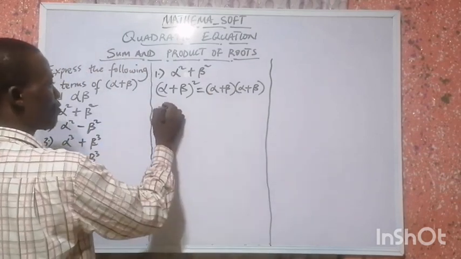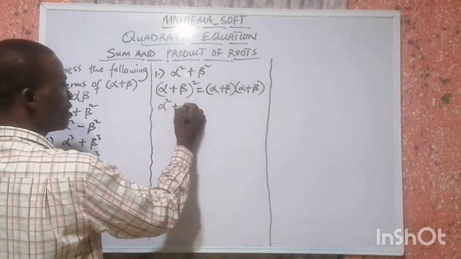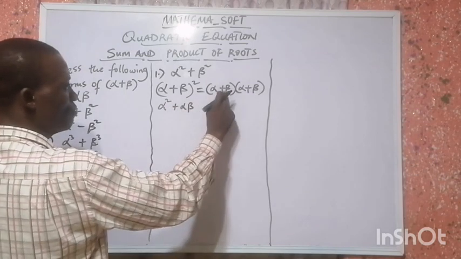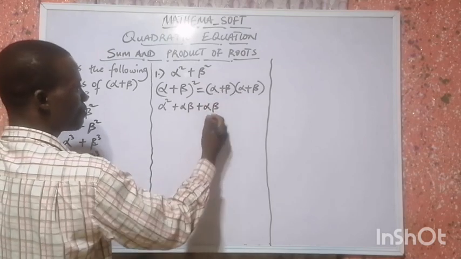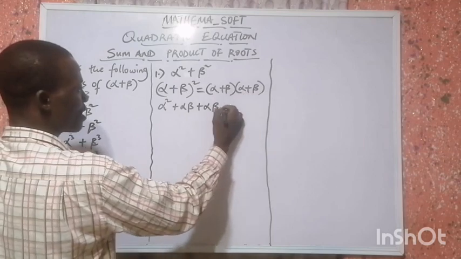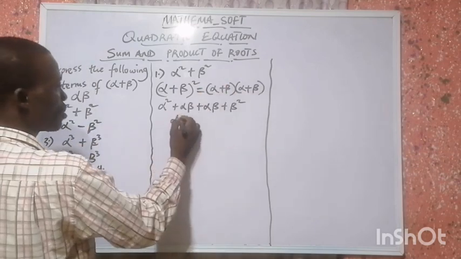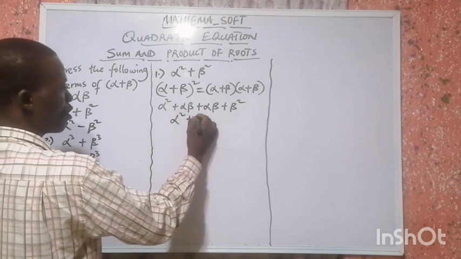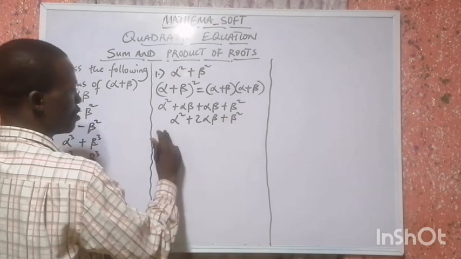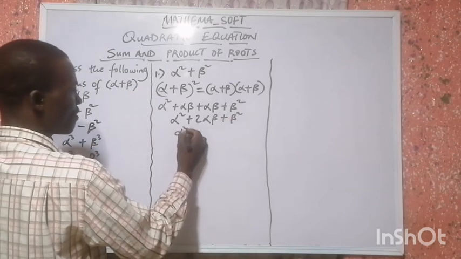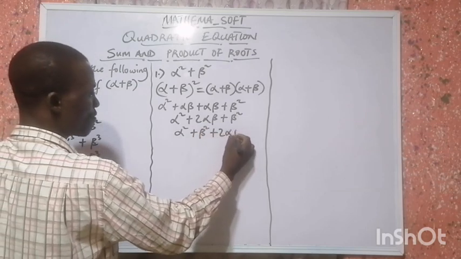Alpha times alpha will give me alpha squared, and alpha times beta will give me alpha beta, plus beta times alpha will give me alpha beta, and beta times beta will give me beta squared. So this gives alpha squared plus 2 alpha beta plus beta squared. We can write this as alpha squared plus beta squared plus 2 alpha beta.